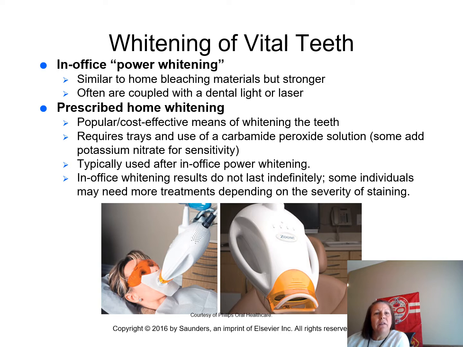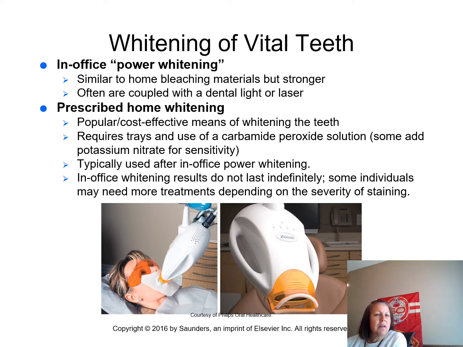They come in the office, and if you YouTube in-office power whitening, it would be helpful because you would see exactly how that's done. They typically isolate the gingiva. We can use a rubber dam, or they can use a material that covers and protects that gingiva from the bleaching agent so that chemical burns aren't caused by this. And it is coupled with the dental light or laser typically.